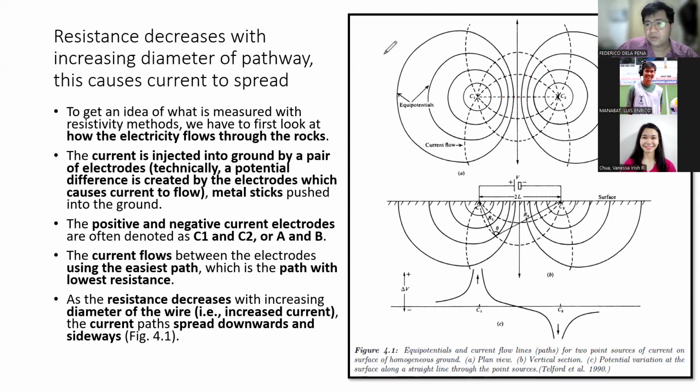Anyway, I think the only point here is that once you inject current, as you try to increase the amount of current being injected, your pathway will simply spread out. You will get a bigger and bigger radius of pathway.